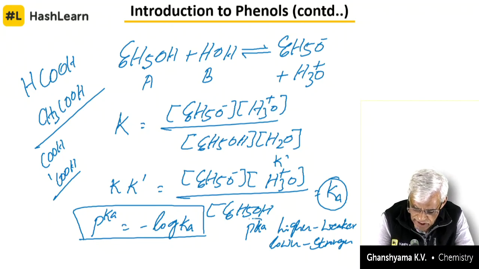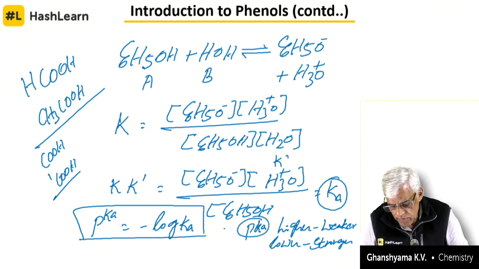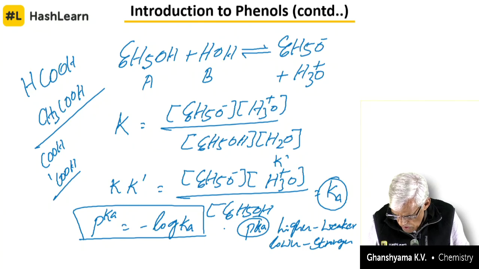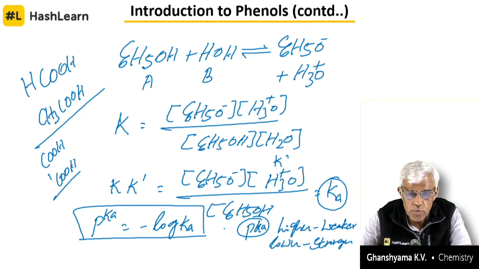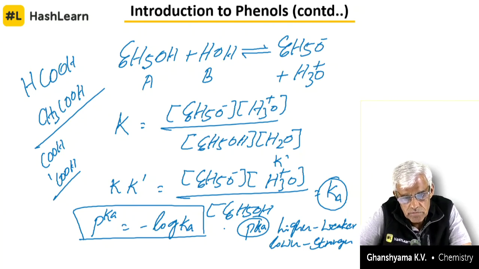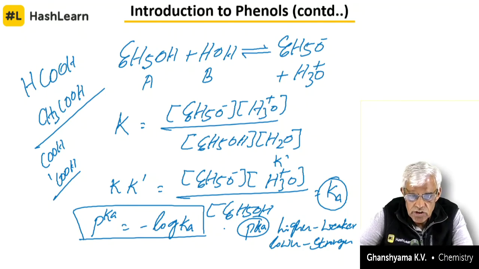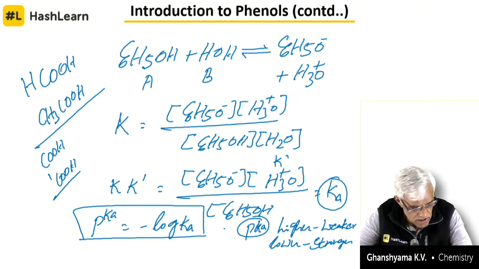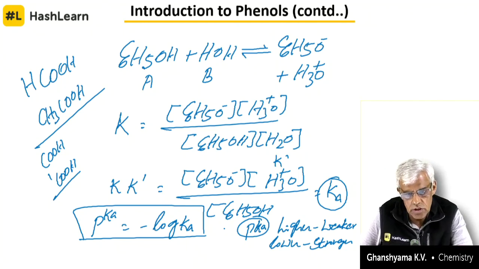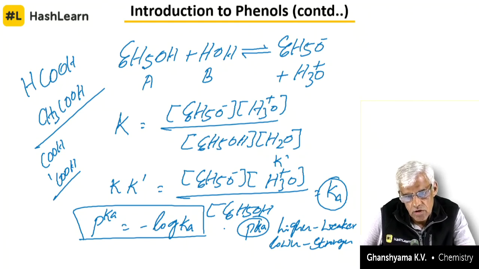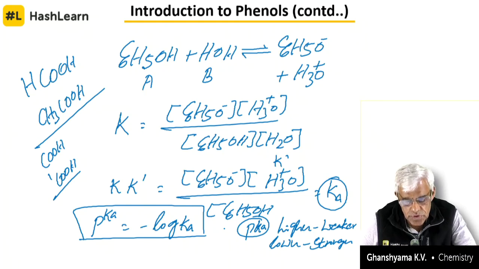So, pKa value and the strength of the acids and bases are inversely related, not inversely proportional, it is inversely related. pKa higher, acid is weaker; pKa lower, acid is stronger.